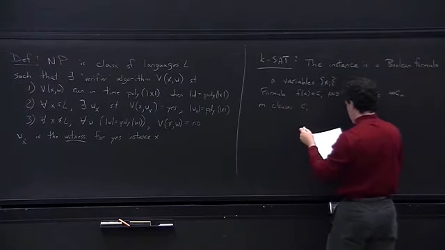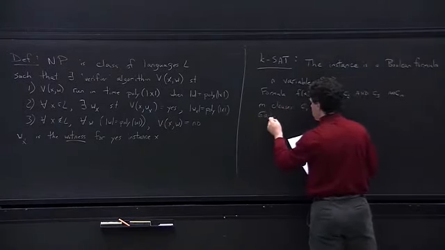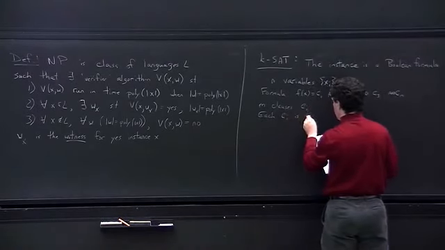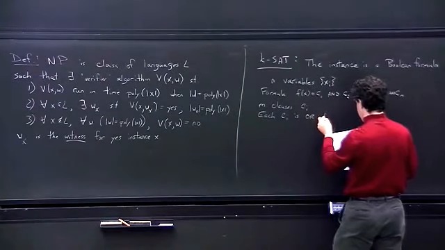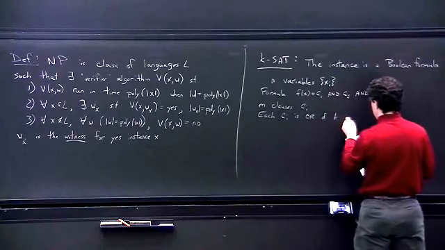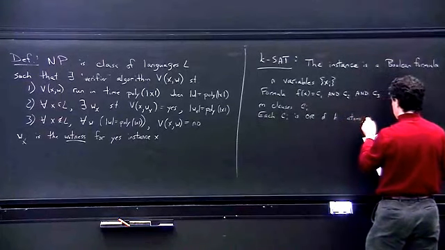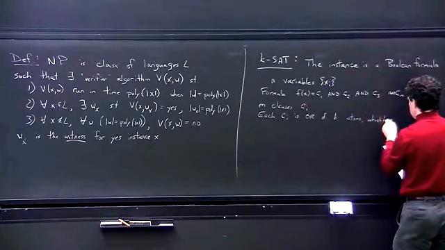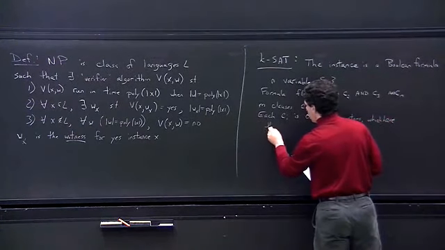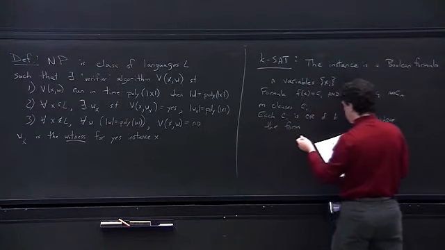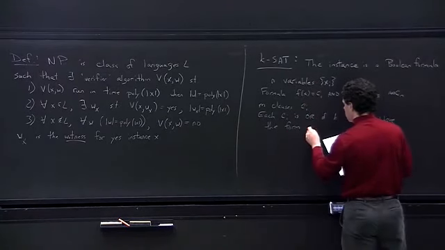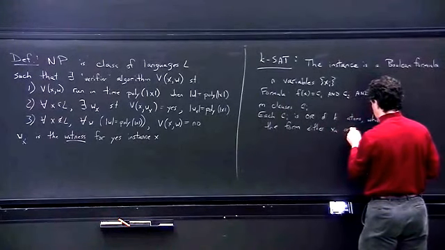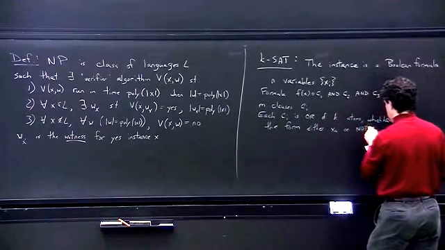Each C_i is the OR of K things called atoms, and each atom has the form either x_a or not x_a.